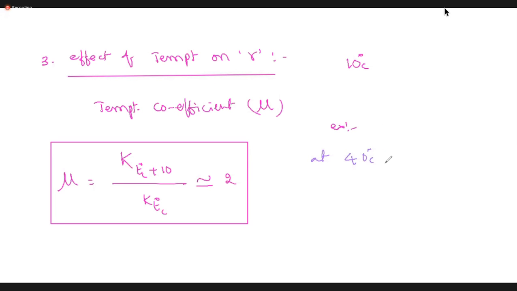Question is, at 40 degrees centigrade, the rate constant value is 2. At 80 degrees centigrade, what is the rate constant value? Note down the question. For a reaction, the rate constant is 2 at 40 degrees centigrade.